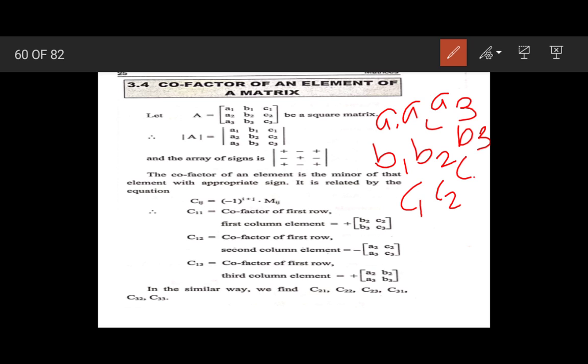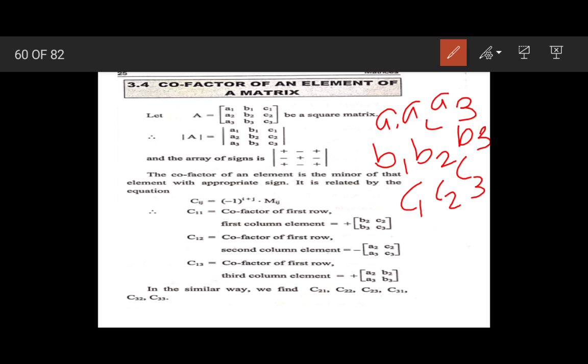So to find the adjoint of a matrix, we have to find the cofactor of each and every element of matrix A. That means you have to find the cofactor for A1, then the cofactor for A2, then the cofactor of A3. Similarly, you have to find the cofactors for B1, B2 and B3, then the cofactors of C1, C2, C3.